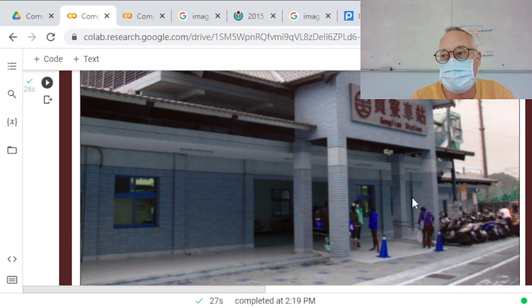That picture is actually wrong because how many blue traffic cones are there in Taiwan? None of them, right? They should be orange, right? So what happened?